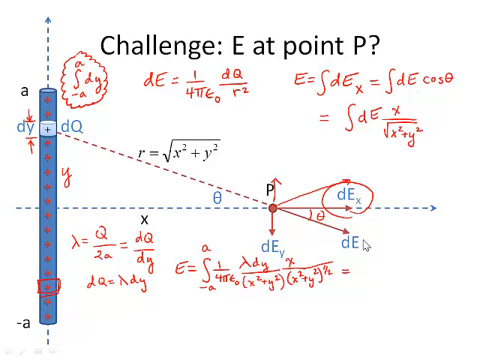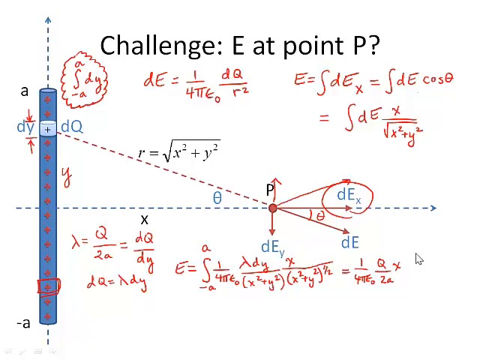Let me now take some of my constants out. So what I get is 1 over 4 pi epsilon naught. Lambda is also a constant, equal to q over 2a. So I'm just going to put that in, q over 2a. In this problem, x is also a constant, so I can take that out.